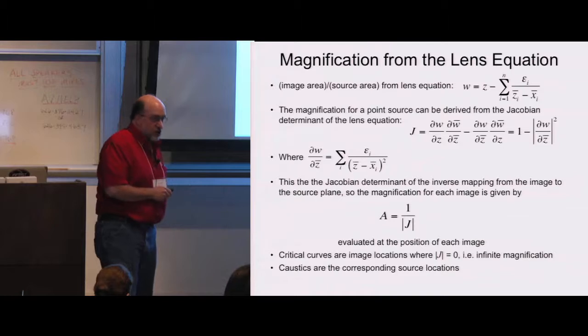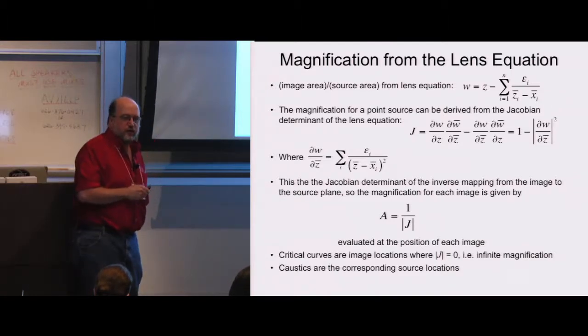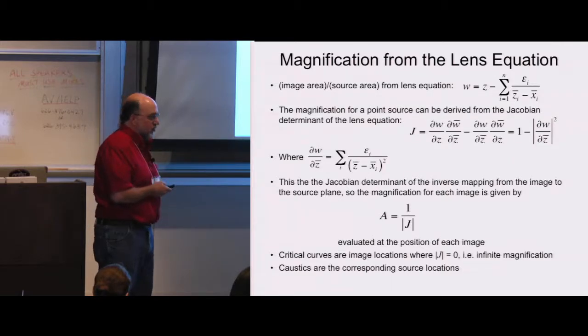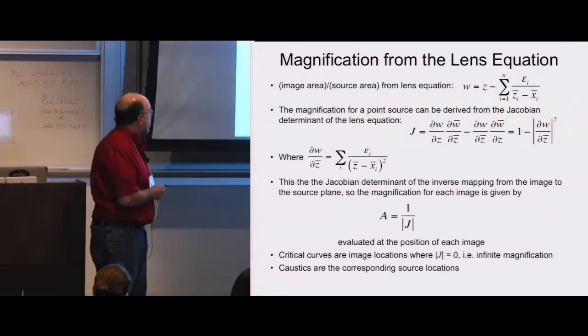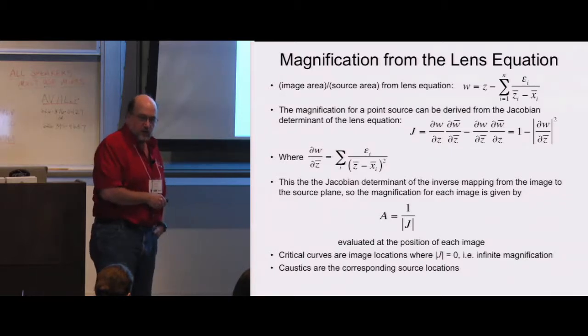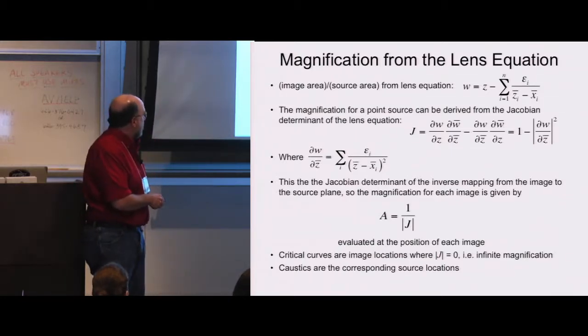Okay, and so as was mentioned earlier, a crucial feature here is the caustics, and we know that the magnification of a point source at a caustic is infinite. And so this means that the Jacobian determinant is 0, and the magnification is 1 over that.